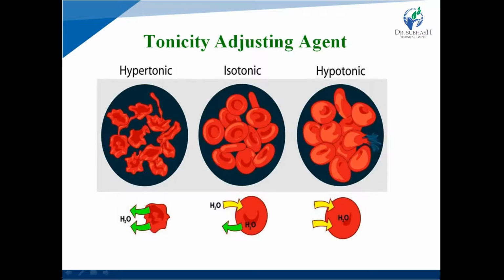Next one is regarding other additives or any other substances. First one is preservative. Antimicrobial agents are added to multiple dose containers, and large volume parenterals must not contain preservative.